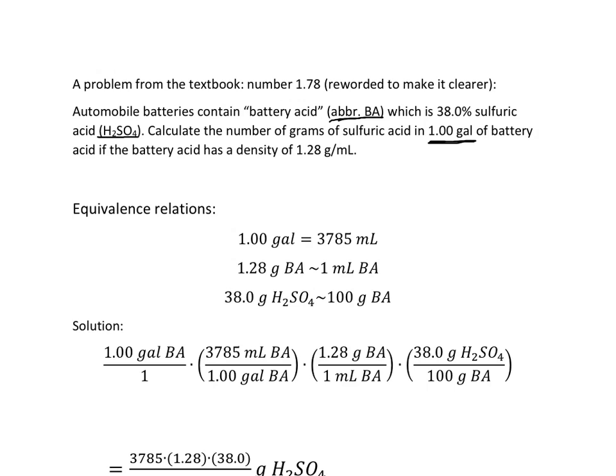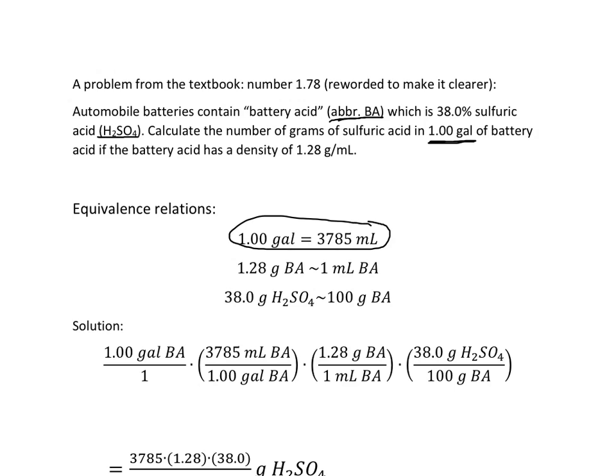So I need an equivalence between gallons and milliliters. All I do is Google gallons, milliliters, and what comes up is that conversion factor. There are other ways you could write it, but 1 gallon is equal to 3,785 milliliters.